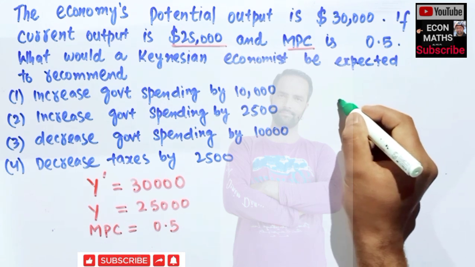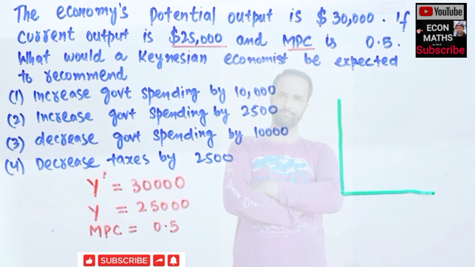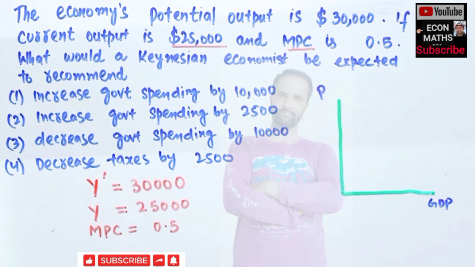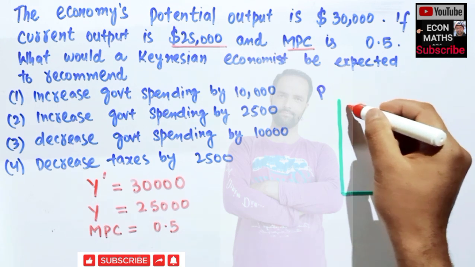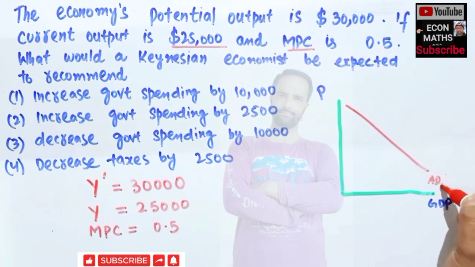Let's first draw a simple graph. Let us denote output or GDP on this side and aggregate price level on this side. Let us say this is our aggregate demand curve first, and we have the short run aggregate supply curve.